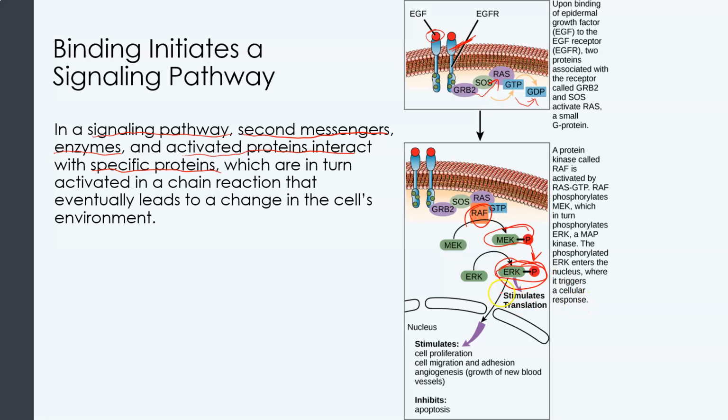So this ERK containing the phosphate enters the nucleus. It can stimulate cell proliferation, meaning cell growth, cell migration and adhesion, angiogenesis, which is the growth of new blood vessels, and this also inhibits apoptosis.